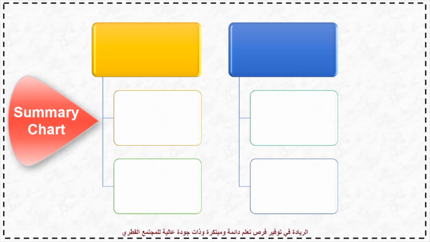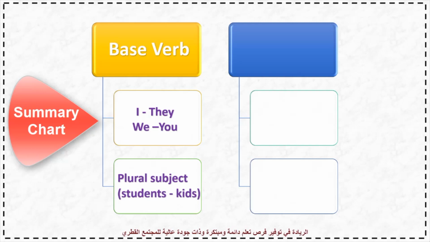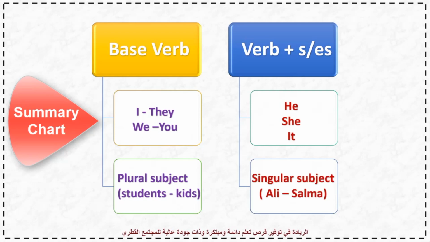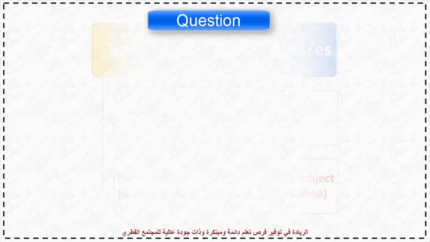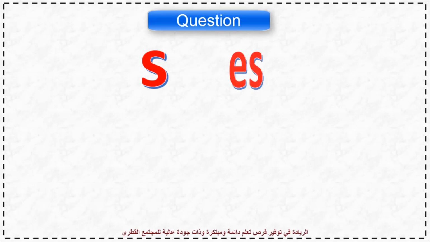To form the present simple tense, you just need to write the base verb with the subjects I, they, we, and you, or with any plural subject like students, kids, etc. And add s or es to the verb with the subjects he, she, or it, or any singular subject like Ali, Salma, etc. But the question here is, when do we add s and when es?